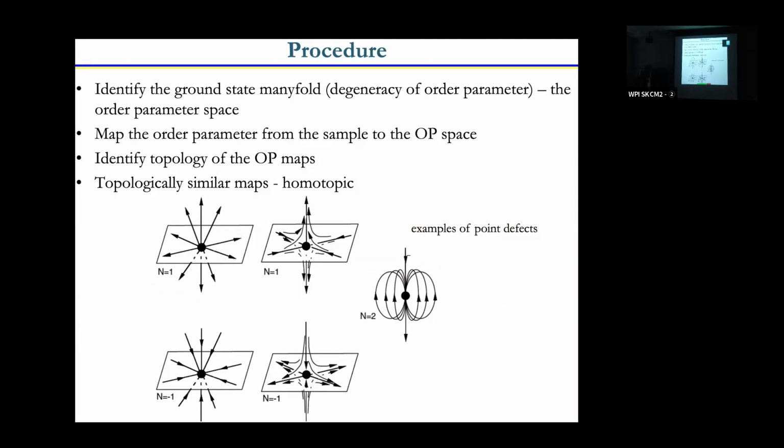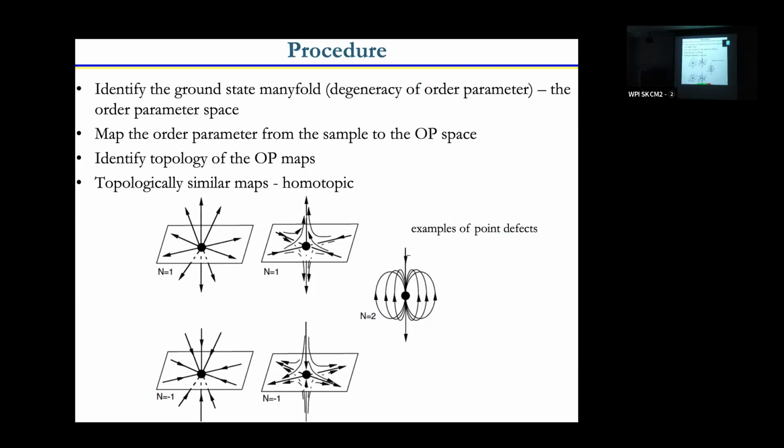Now let's discuss the procedure, and this will also address the question we just got. We need a procedure that will do it systematically and allow us to characterize field configurations regardless of the symmetry of these fields. So here's the procedure.